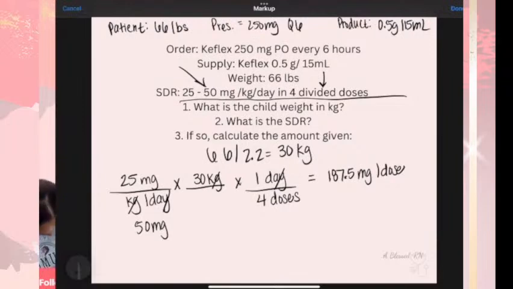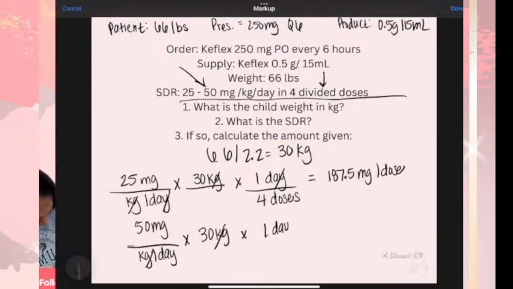Okay, all right, I'm back. 50 milligrams per kg per day. All right, so we got kilograms on the bottom, so we can put our kilograms on the top. Alrighty, so 30 kilograms, and then same as above, 1 day, and you have 4 doses in that 1 day.